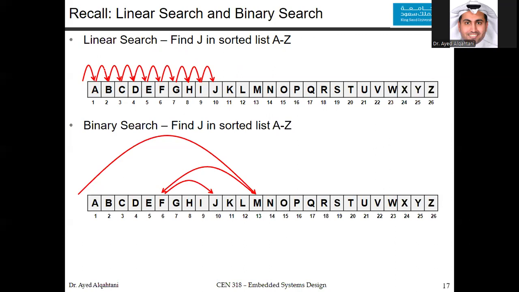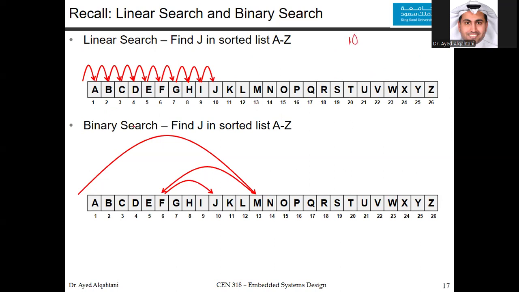No. Move to the next one. Is it equal to B? No, and so on. So it hops about 10 times until it finds the value of J. So let's say that the comparisons that the software or hardware must do to reach the solution using a linear search for the letter J is only 10.